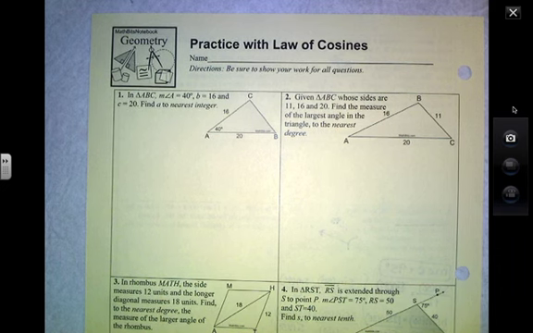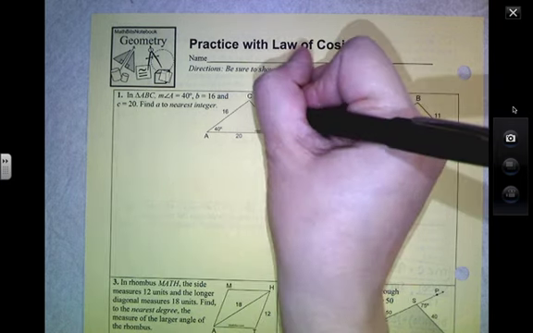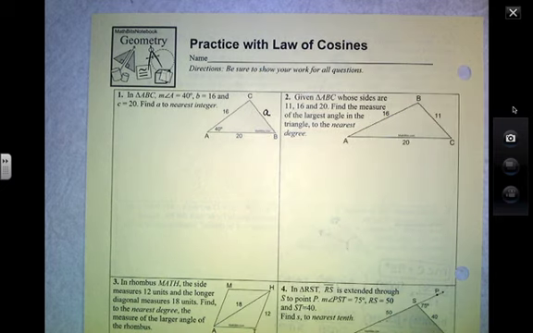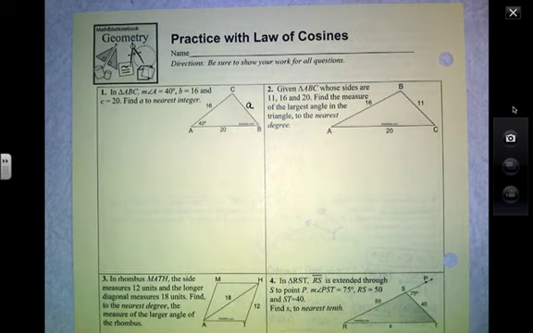So now we have triangle ABC with angle A being 40, side B equals 16, and side C equals 20, and we want to find side A. Remember, the law of cosines is 3 sides and an angle, and luckily here we have the angle included between the 2 sides that we already know, so this is going to be easily set up for us.